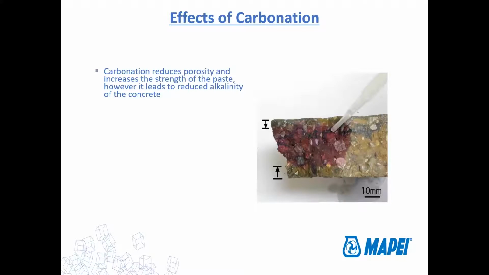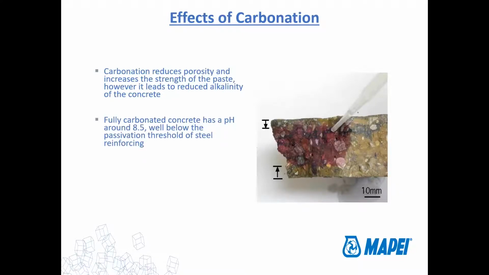However, as I mentioned, it also reduces the alkalinity of the concrete. By reducing the alkalinity of the concrete, it helps accelerate the time until the passivation layer on the reinforcing steel is able to be penetrated, and shortens the natural protection life of that reinforcing steel.